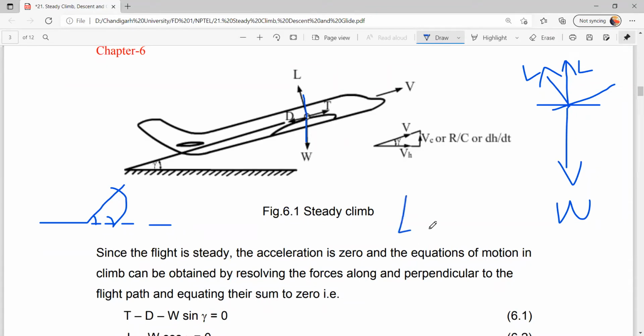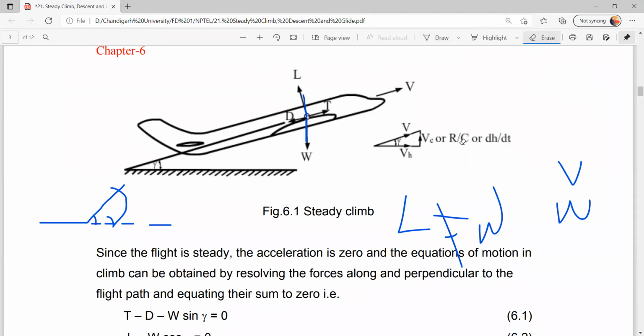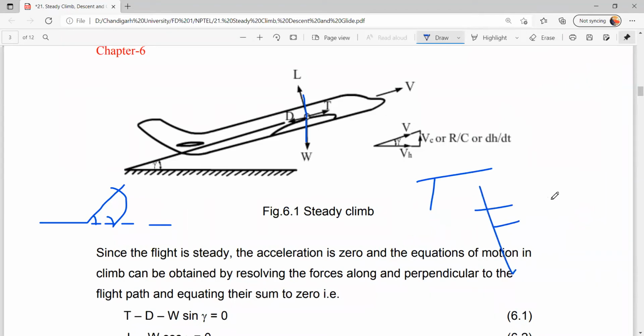Okay. So what will happen? Lift is not going to be equal to weight. Since we are going in an inclined flight path, obviously thrust is also not going to be equal to drag. So the thrust value and lift value will be changing from the cruise level, because we have studied cruise.